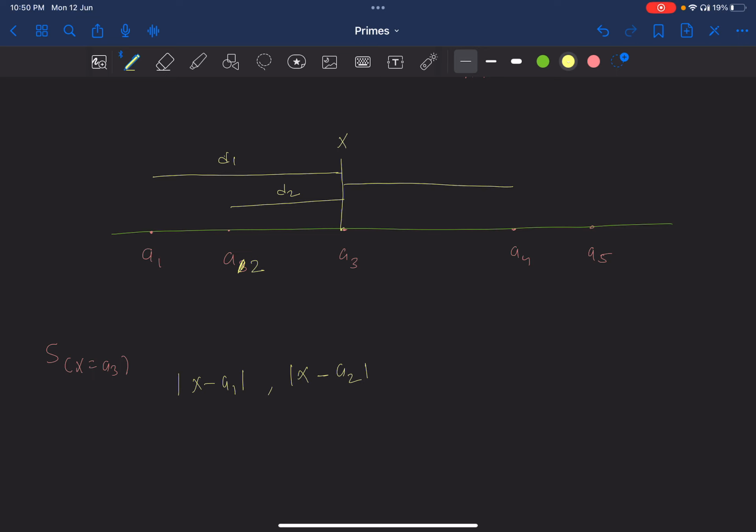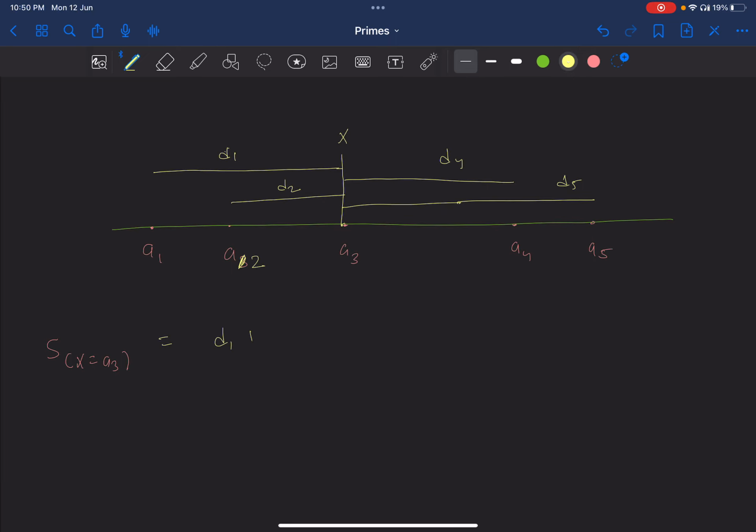We can say that this distance will be equal to D4 and this distance will be equal to D5, right? So instead of writing it like modulus of x minus A1, we can just write it like this: D1 plus D2 plus D3, and D3 will be equal to 0 actually, plus D4 plus D5, right?